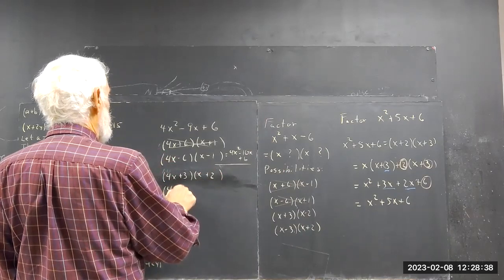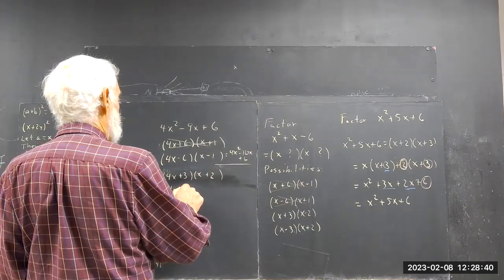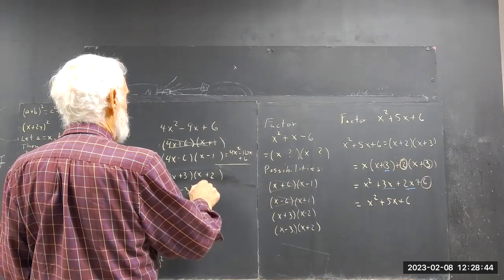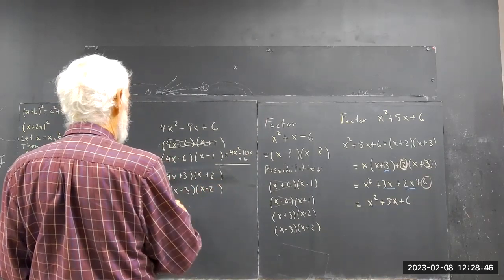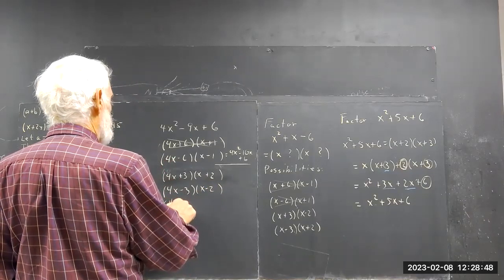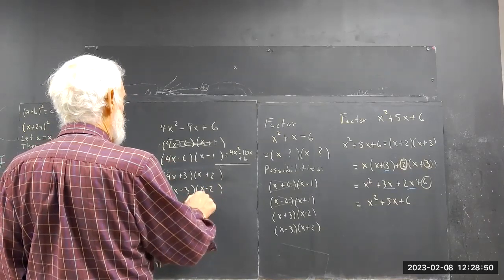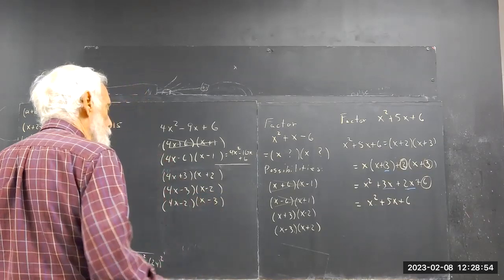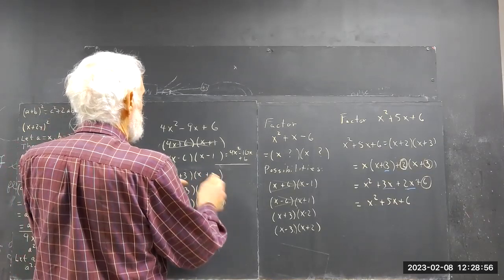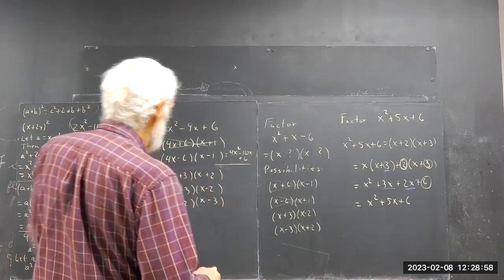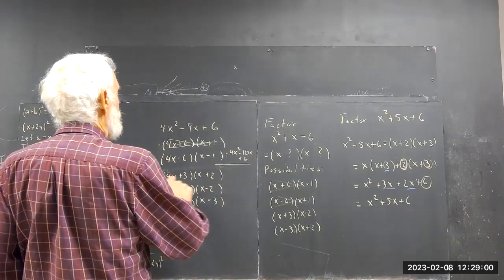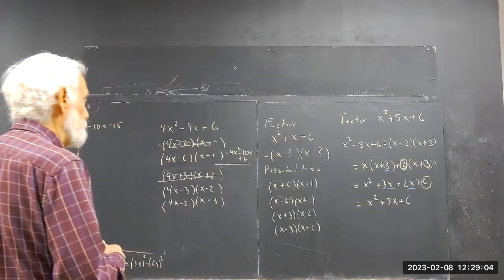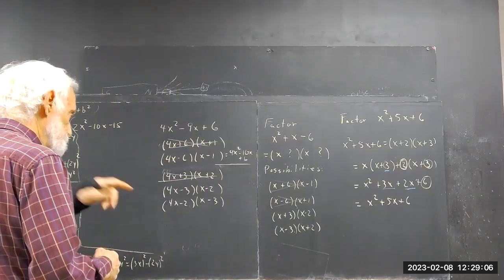We could do 4x - 3 and x - 2. We could do 4x - 2 and x - 3. Or we could do 4x + 2 and x + 3. We have all pluses, just like up here. We can dismiss it.